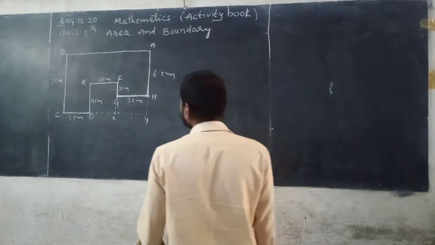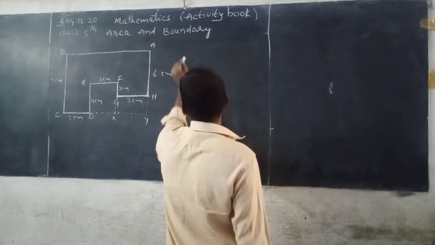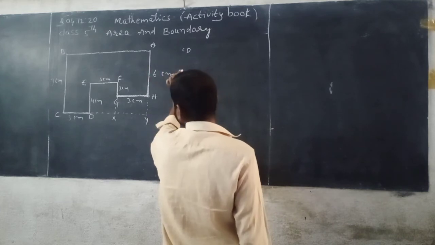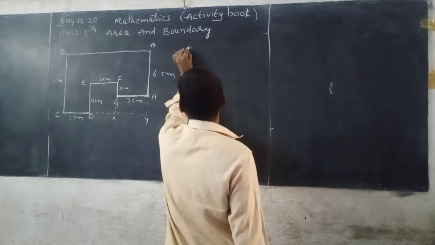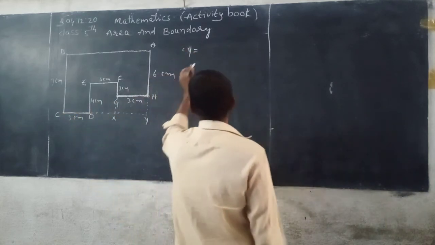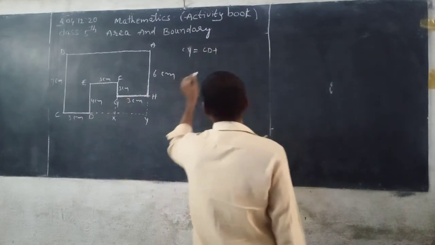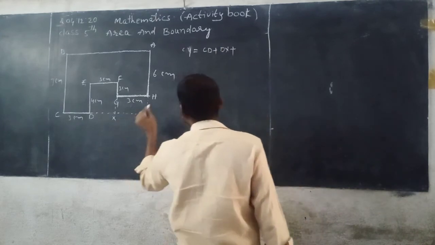Then you can write CY is equal to CD plus DX plus XY.